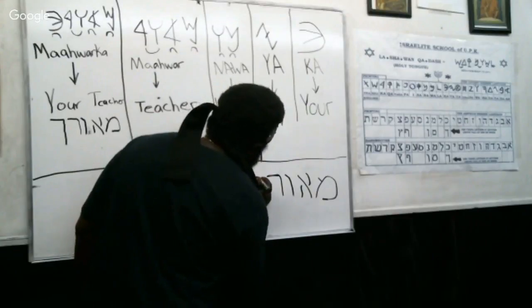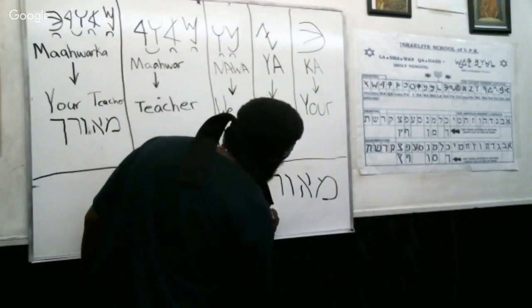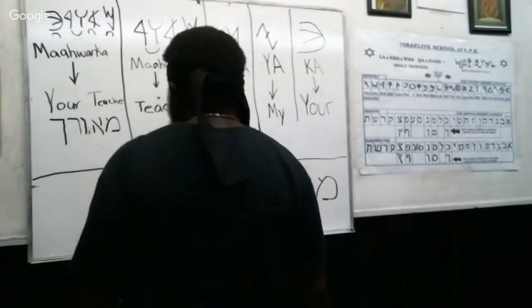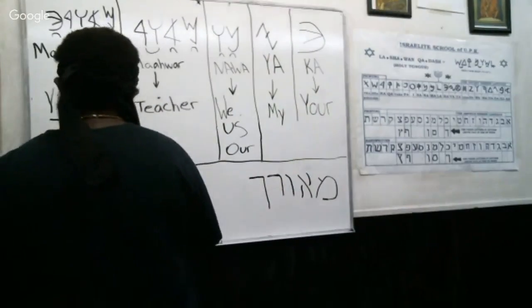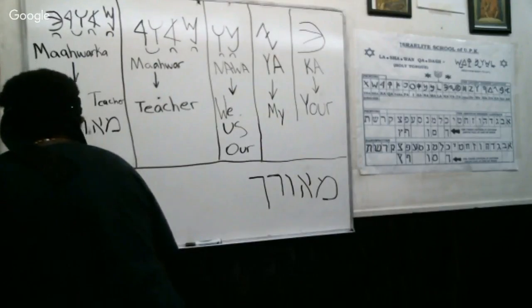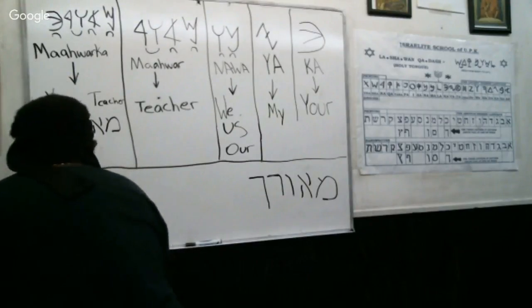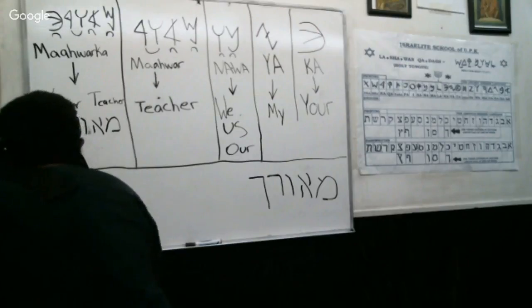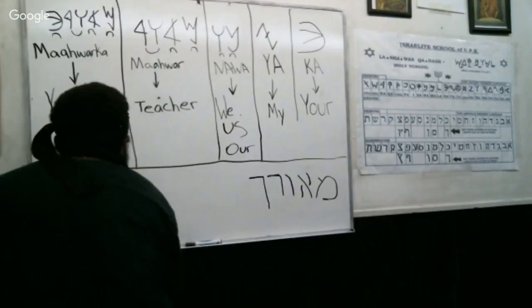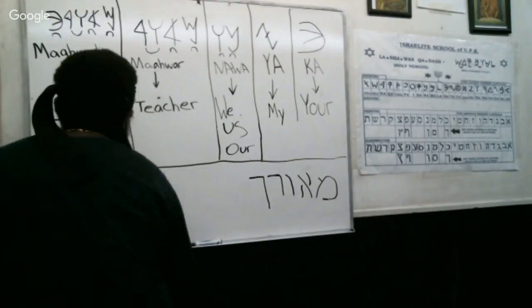If it was Nawa Ma'awar, it would be we teach. Now, Ma'awar Nawa means our teacher. And it's different because one is a separate word. These words that I'm giving you, even though they're single characters, they're words, but they are connecting words.